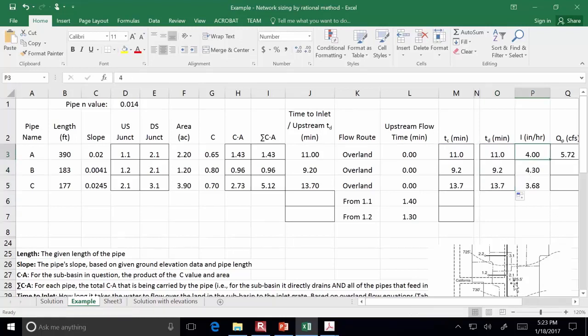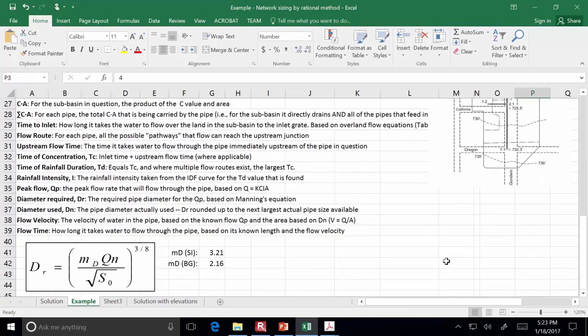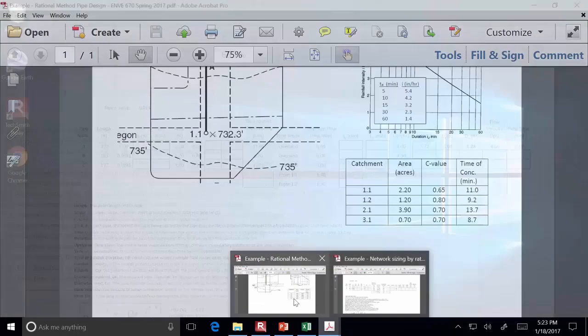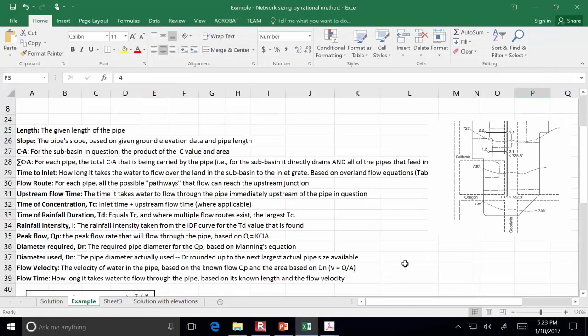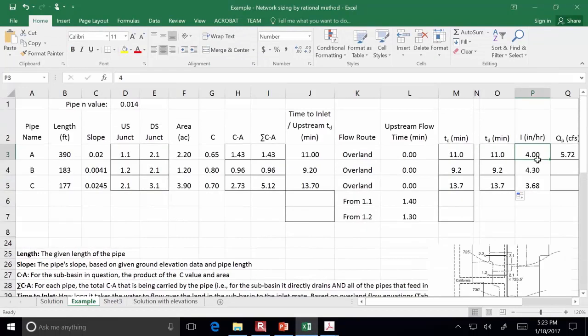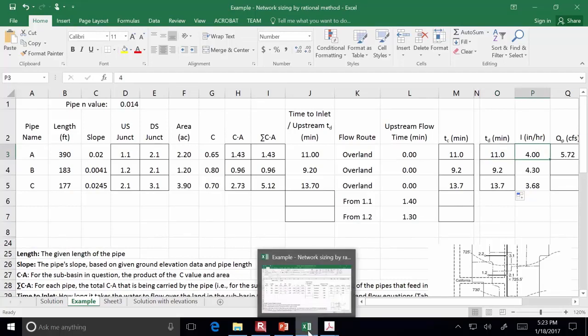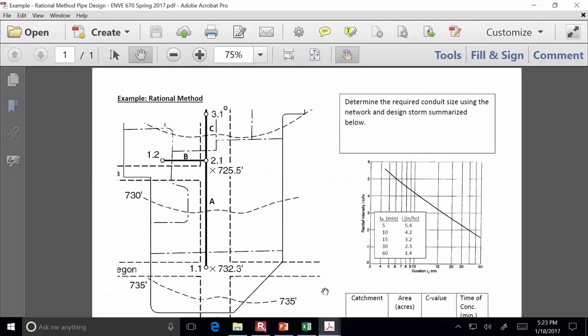The intensity is information from that IDF curve. So from here, the intensity that we're using, we're interpolating a little bit based on these data points. And so if we have 11 minutes, then we're saying 4 inches per hour based on 11 minutes. And let's see if that makes sense. 10 minutes was going to be 4.2 inches per hour. So it's going to be a little bit lower than that.